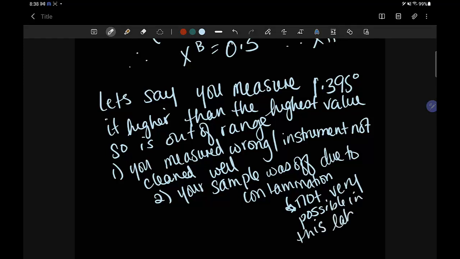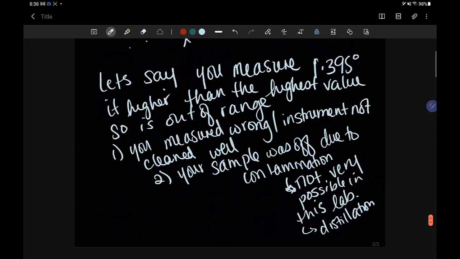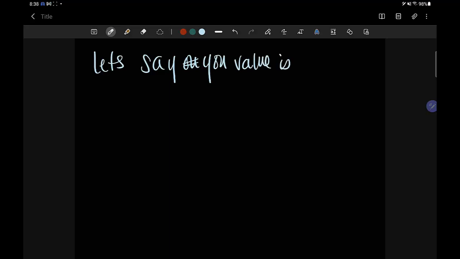But you're only using water and ethanol in this lab and there was nothing else, so the chance that your sample is contaminated with something is almost unlikely. I'm going to say that's not going to be the case in this lab.